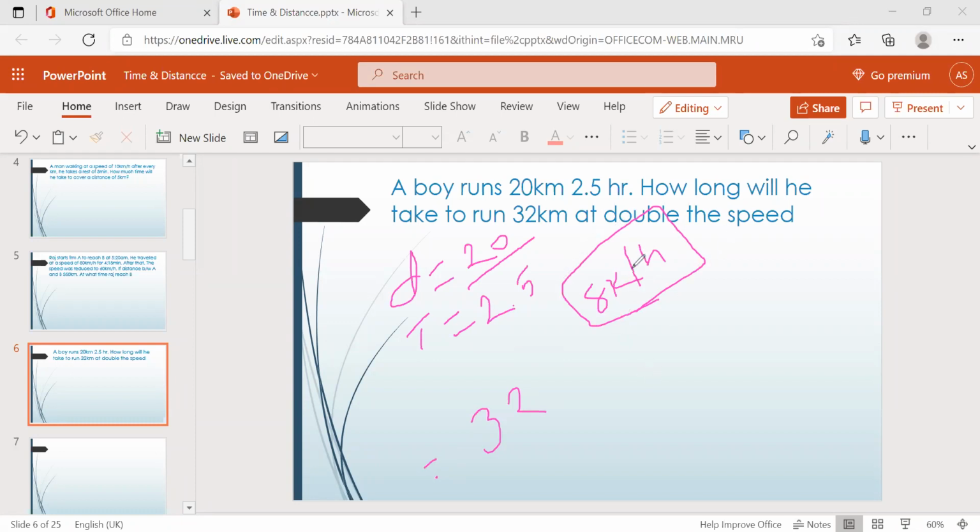Here it is 8, and now it is 16 kilometers per hour. So the distance is in kilometers and the speed is in kilometers per hour. Time will be 32 by 16, the kilometers cancel, it's nothing but 2 hours. 2 hours is the answer.